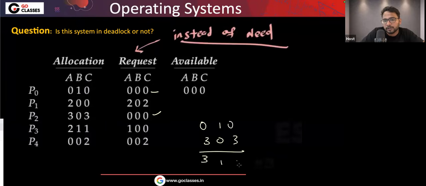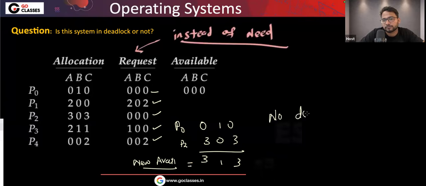So this is the new available, 313. With this 313, you can definitely fulfill this. So there is no deadlock. This is P0, this is P2. Understood?